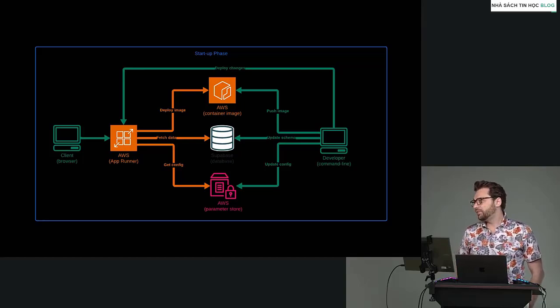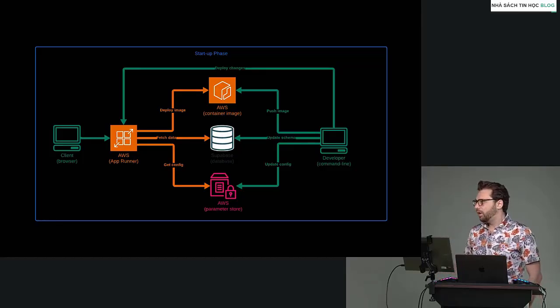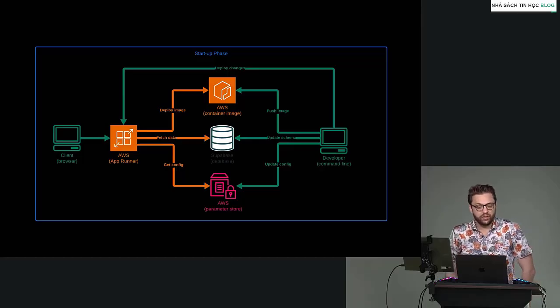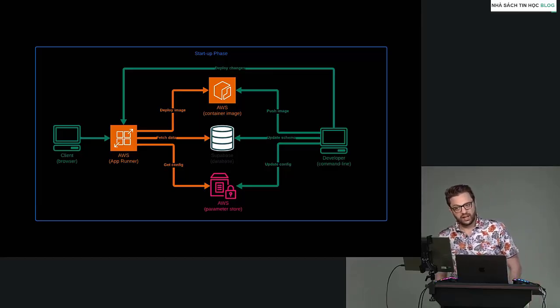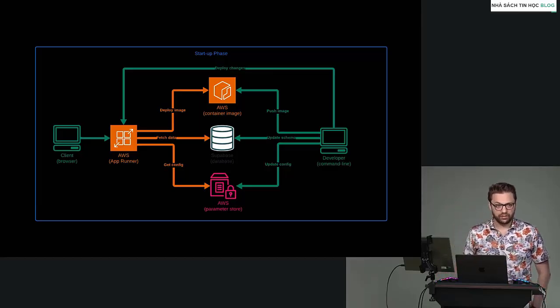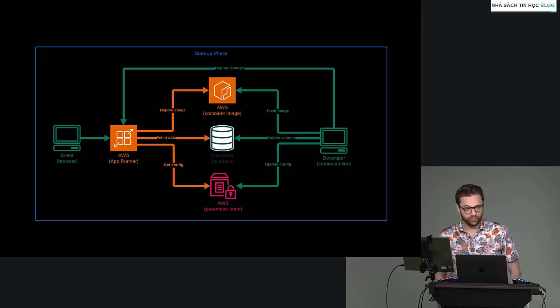So the goal of this infrastructure is, as we said before, to just get it working. I don't want to worry about managing things. So what are the things that we have to manage? Well, we need to manage an application running, and we need to manage a database that that application connects to. Those are the two things that we will have to figure out solutions for.